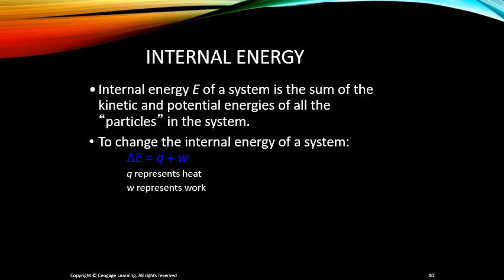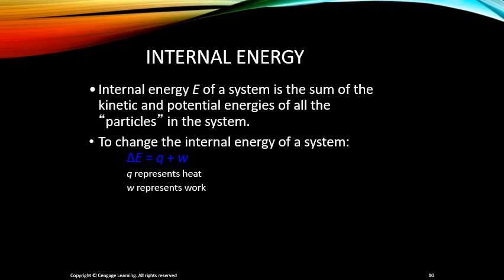When we want to describe the sum of both the kinetic and potential energies of all the particles within a system, we describe that as the internal energy, E, for the system. When we have a change in the internal energy for the system, we have an equation: delta E equals Q plus W. Q represents the amount of heat energy, so we will focus mainly on that in this course.